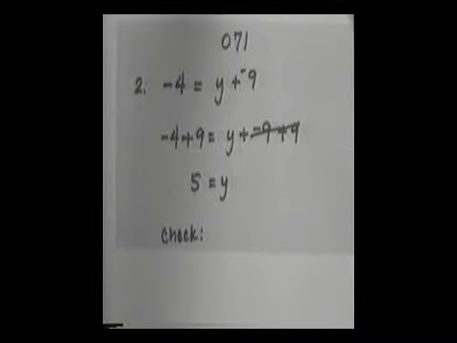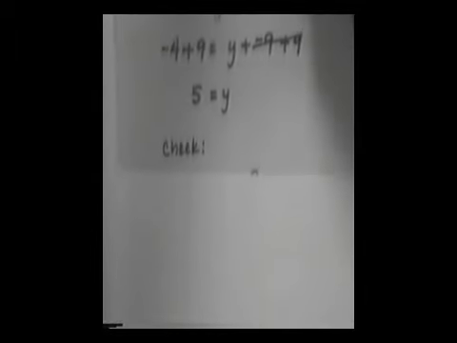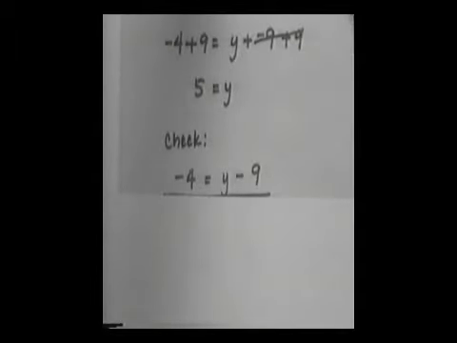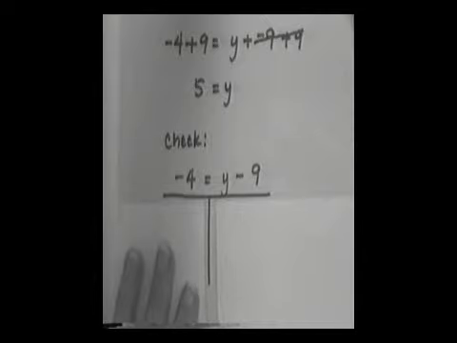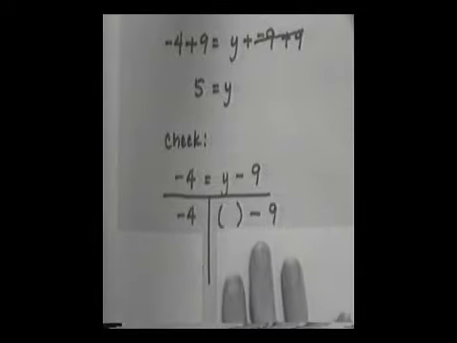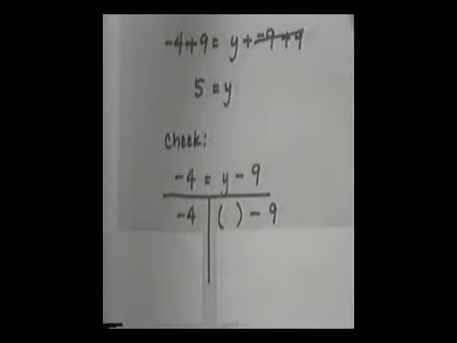Let's check. To check, we copy the original problem, which was negative 4 equals y subtract 9. We make our T format. On the left, all we have is negative 4. On the right, we have parentheses to receive the y value, subtract 9.